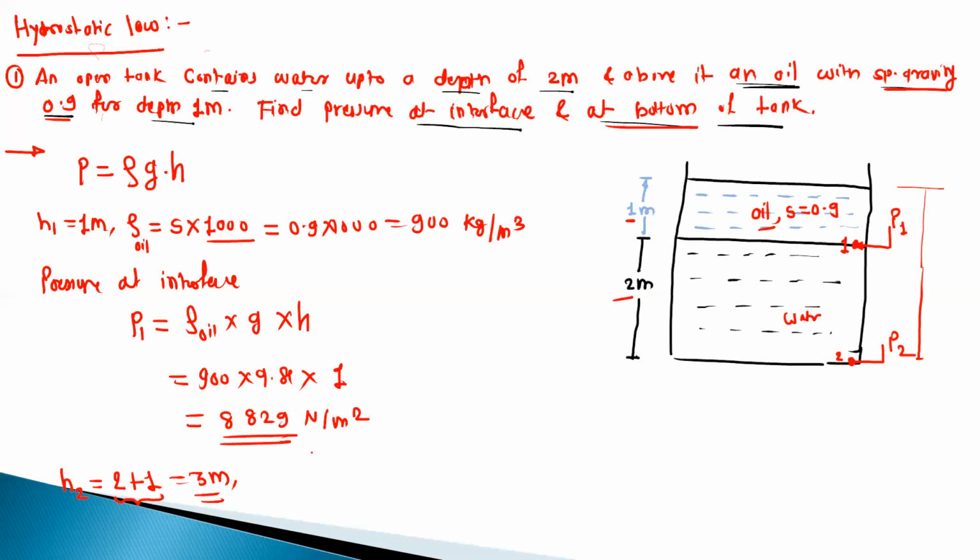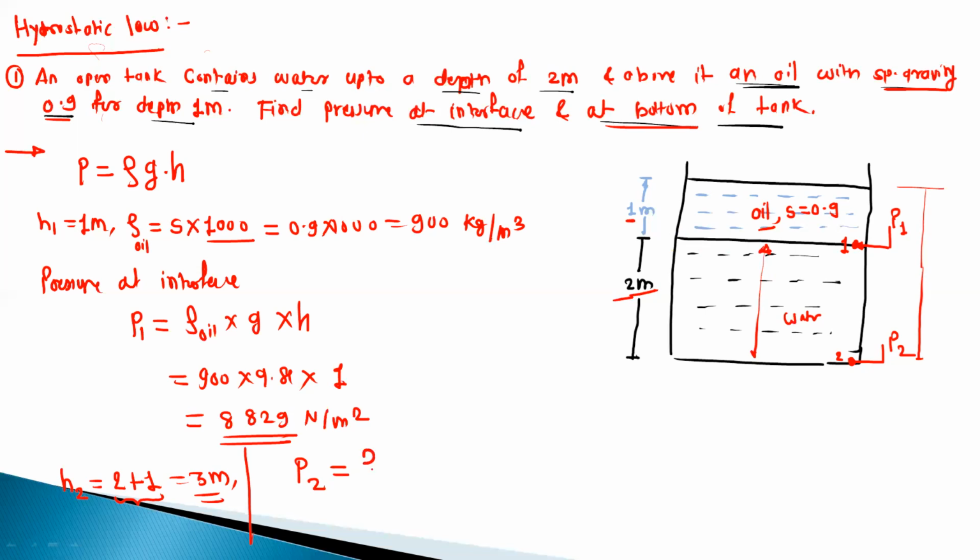Okay, but here for this total height, we have two different liquids or two different fluids. Up to height 2 meter, we have water, and above that we have the oil. So instead of taking this 3 meter, we will write the formula for P2 as, first consider this height, which is only for water.